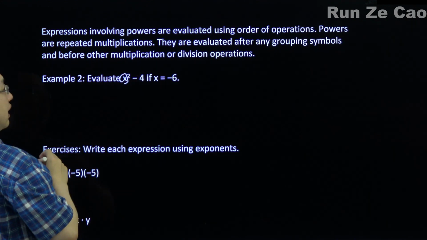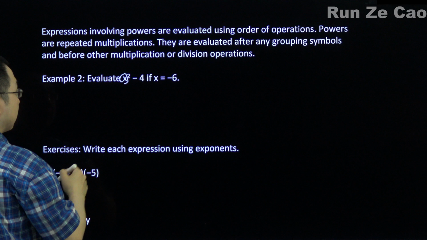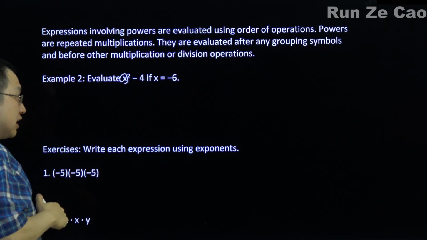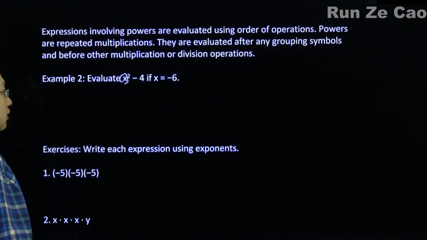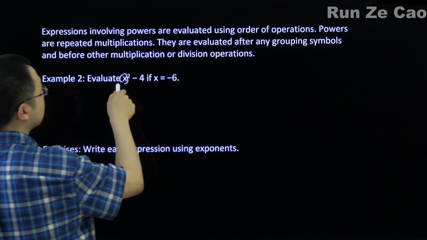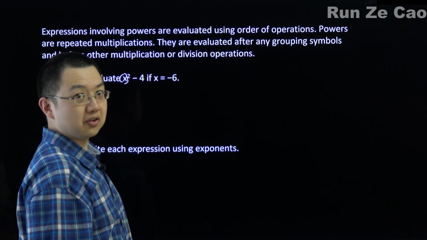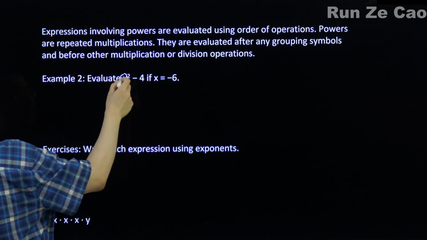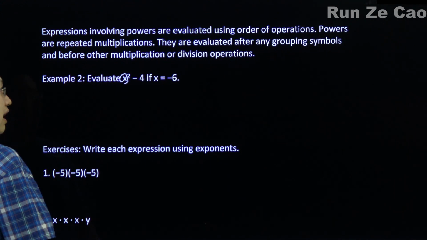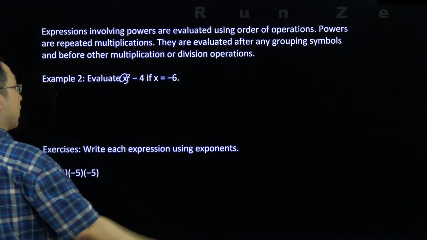So, they are evaluated after grouping symbols, and before other multiplication or divisions. I mean, you could say that x was equal to a plus b or something, and then if you substitute in, that is in brackets, if you take it to some exponent afterward, or multiply it by something.